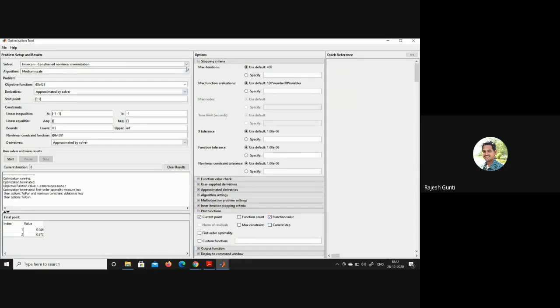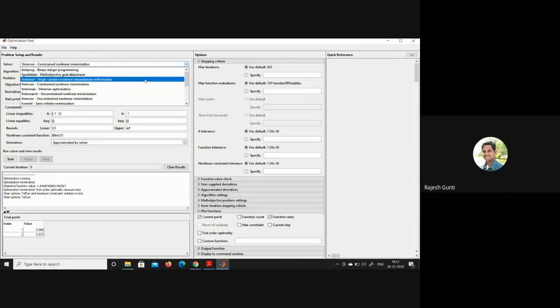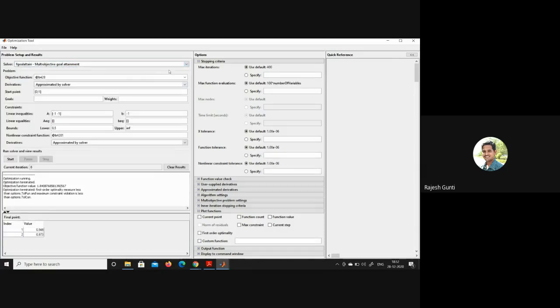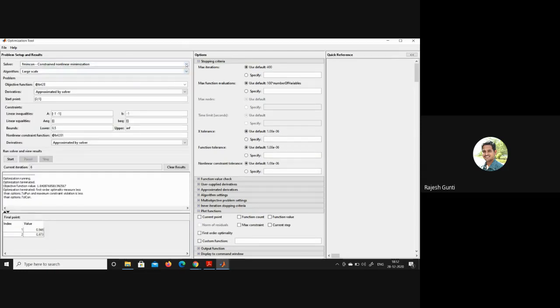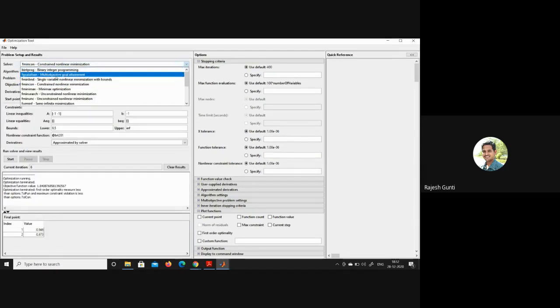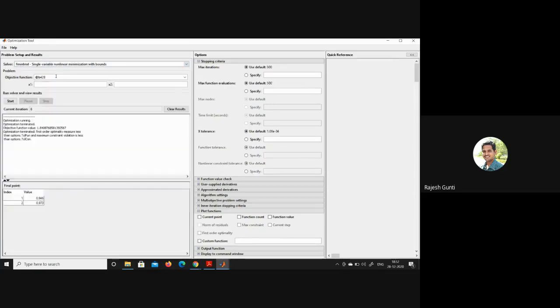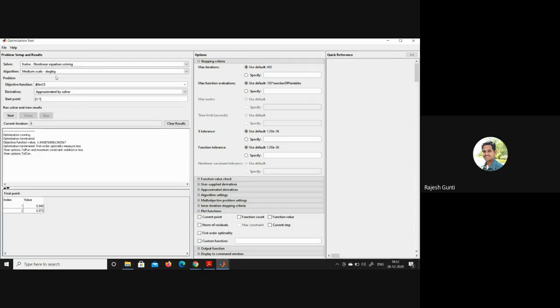Actually, here you see this one, fsolve, so many things are there: fsolve, fmincon. You see this one, fsolve, for non-linear equation solving.